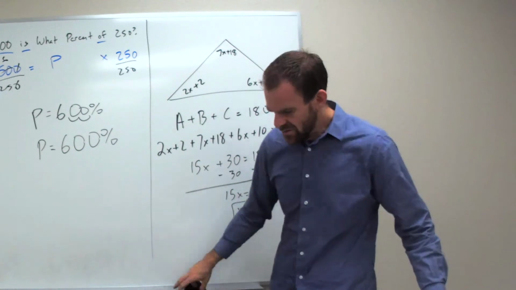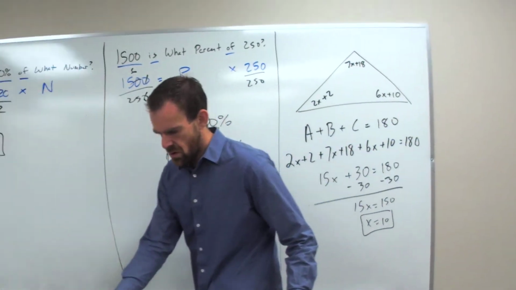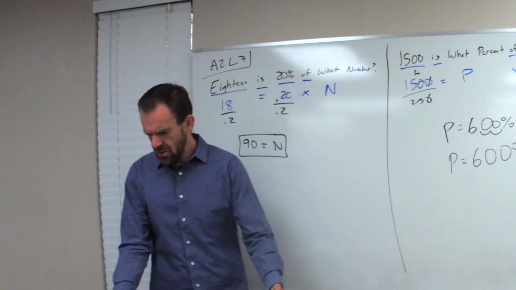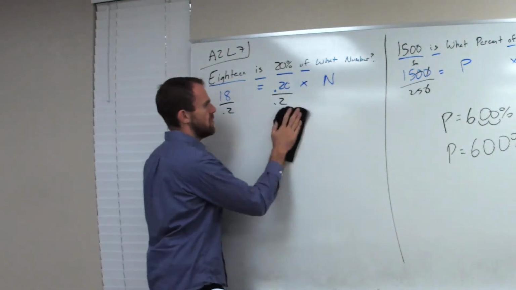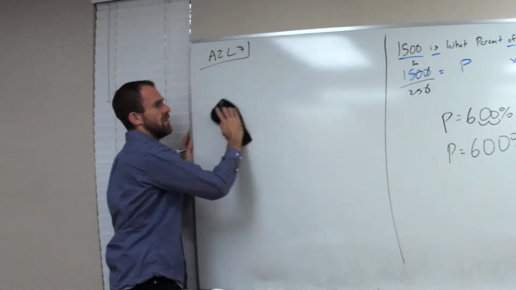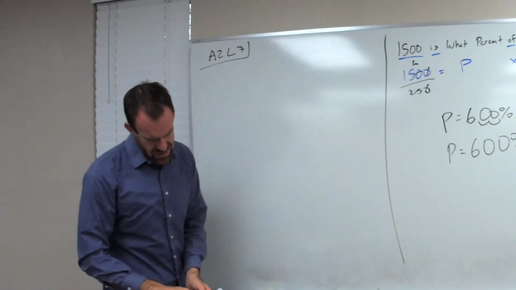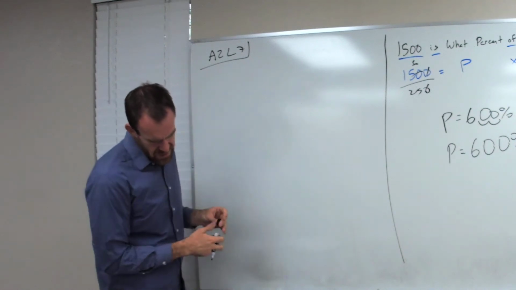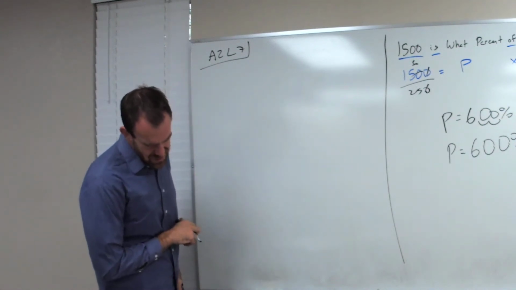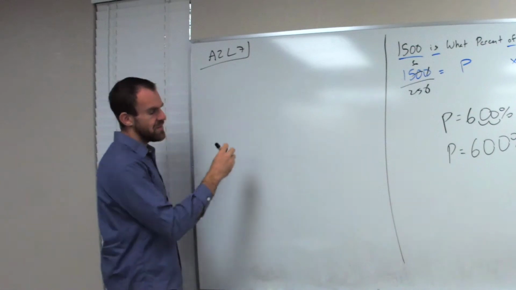Alrighty, let's look at another one. How about this problem? Find the value of x and then find the measure of, okay, so we'll just find the value of x.